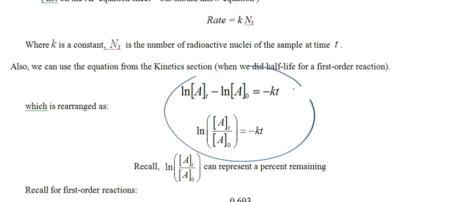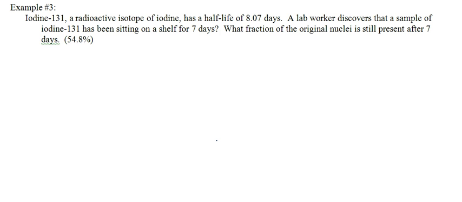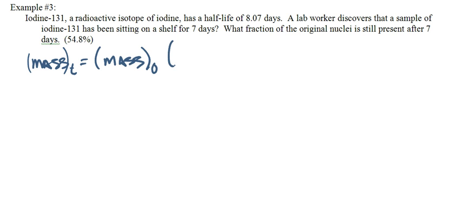Now, we can go ahead and use the equation that we're looking at here, or we can use the equation that we did earlier today, in the first video for day 118, which was the mass at some point in time is equal to the mass original times 0.5 to the n.